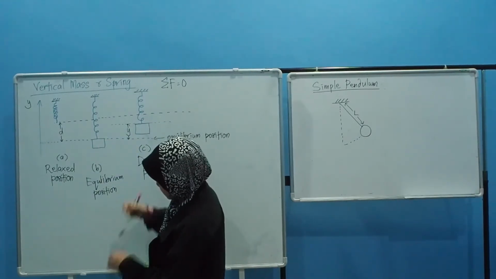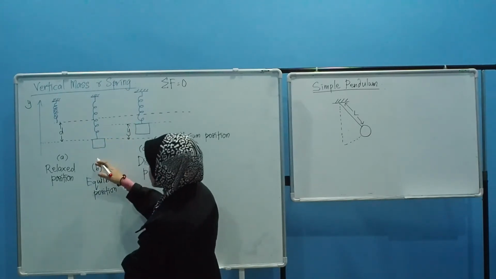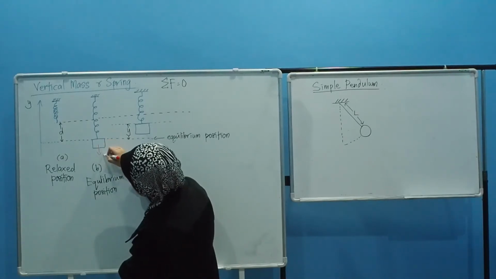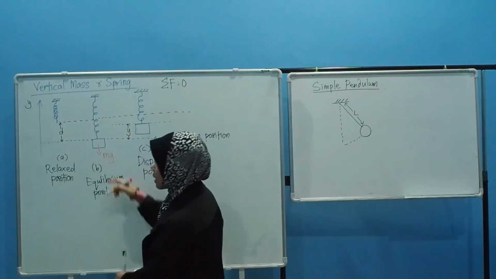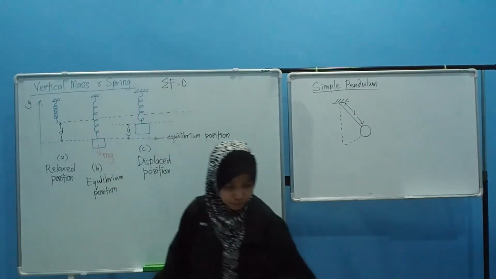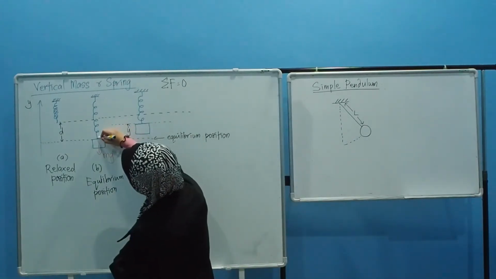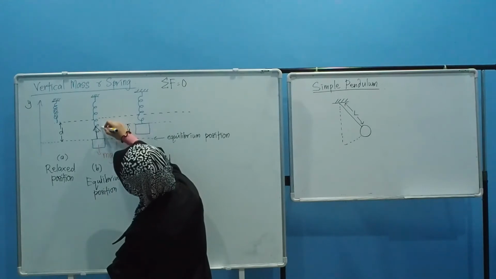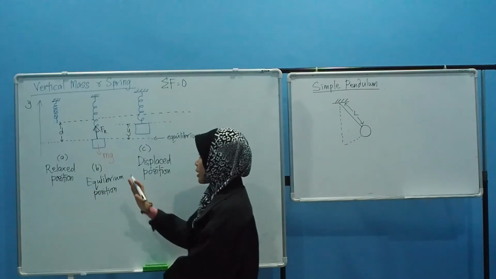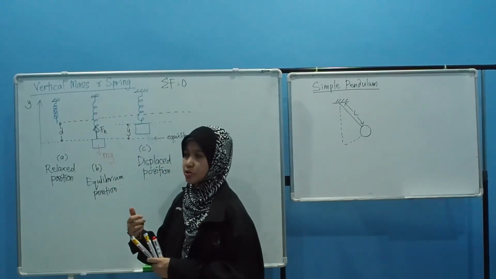So the external forces that act on this system are, one, mg, the weight of the load, and another one, the restoring force, Fr. I explained restoring force in our first lesson about simple harmonic motion.